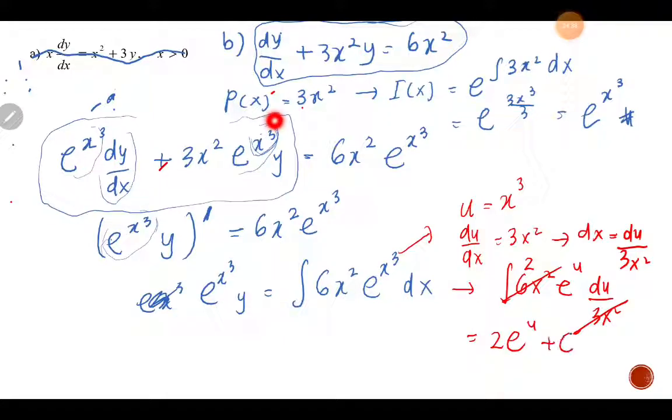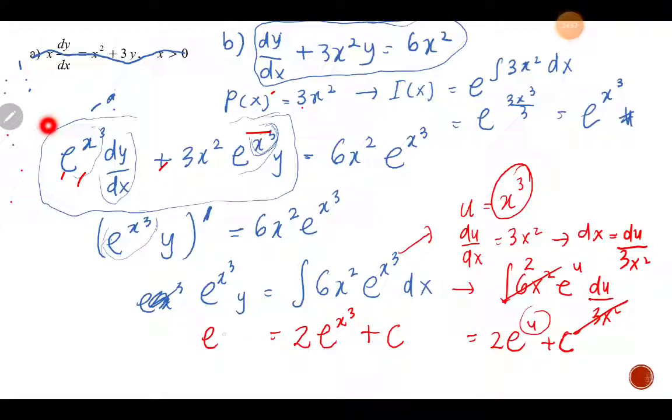Plus with c. U jangan lupa ganti balik, which is e to the power of x. U adalah x power of 3. So jawapan yang ni adalah 2 e to power of x power of 3 tambah C. This is e to power of x power 3 y. So bahagi 2 e to power x power 3 tambah C, bahagi everything dengan e to power of x power of 3.